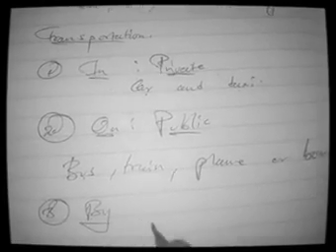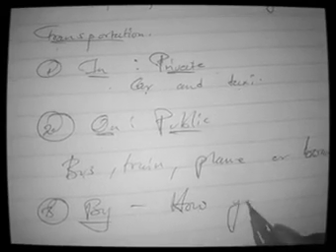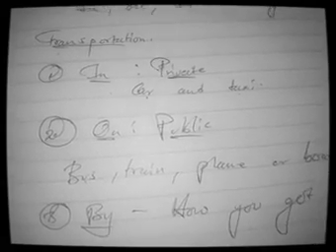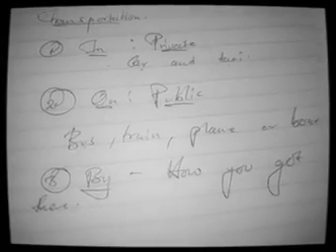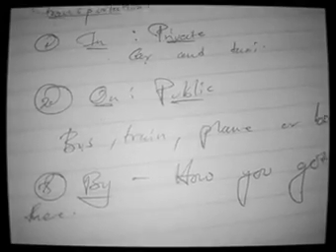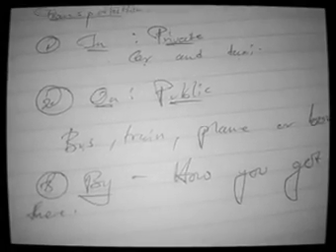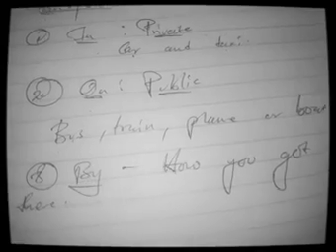Okay, with that in our minds, we can quickly move on to the third preposition, which is by. Now, by tells us how you got there. How did you get there? Let me give an example of myself. I would ask myself, how did I get where I am to produce this video?